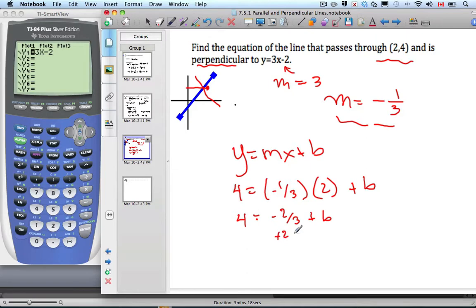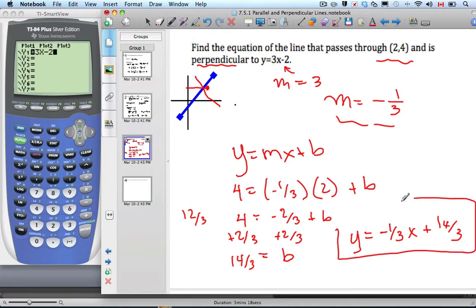Adding the 2/3, what is our y-intercept? 4 and 2/3, so that's going to be 14/3. So our equation is y = -1/3 x + 14/3.